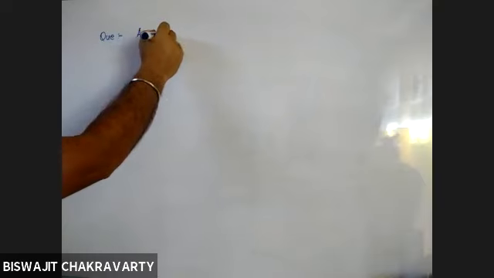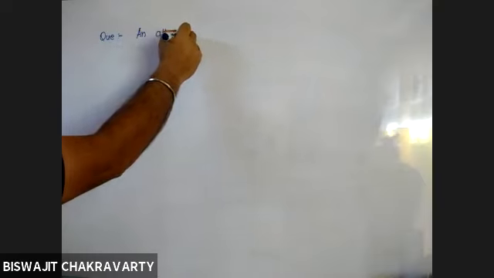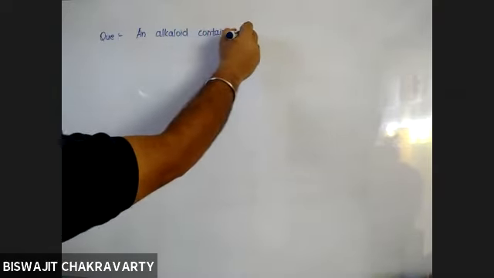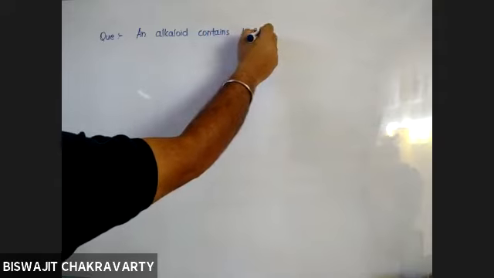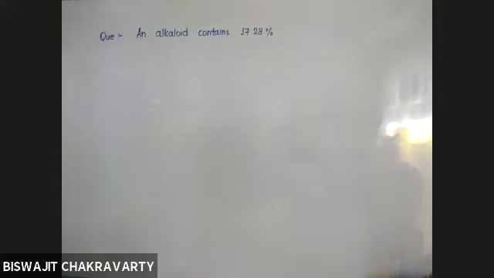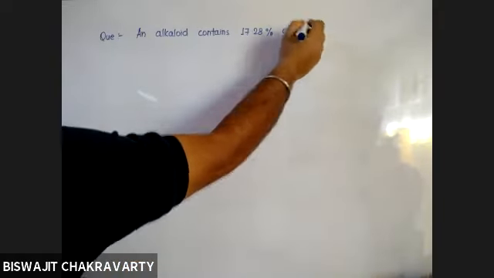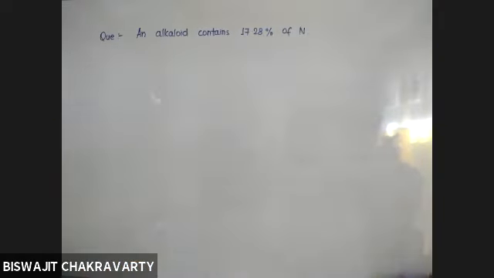An alkaloid contains 17.28% of nitrogen. Alkaloid is the name of a large molecule.